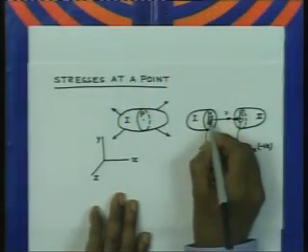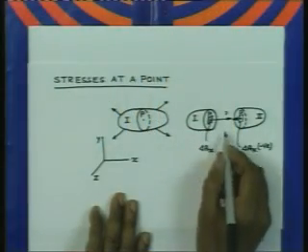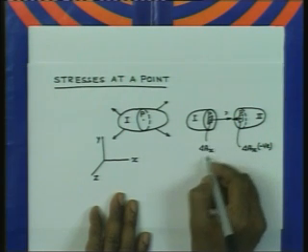So, the normal to this plane is directed exactly in the opposite direction. Therefore, if we now consider this area here on this surface, it will also be indicated as delta Ax, but we consider this area to be negative because its outer normal is directed in the negative x direction, and this area, its outer normal is directed in the positive x direction, that is delta Ax, and this is positive.